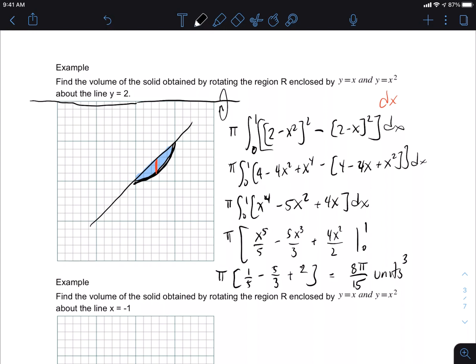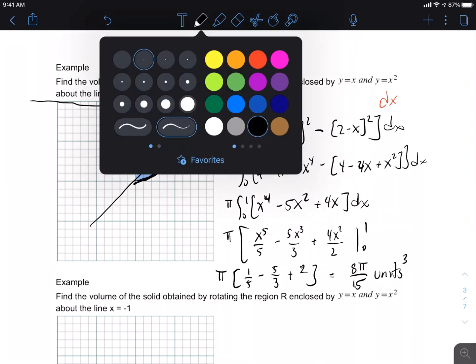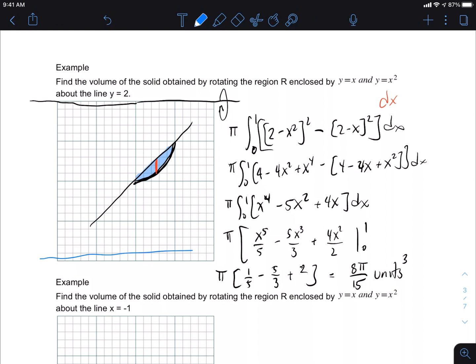Now, question for you, because we should play this game. If I had done the rotation over here and said it was y equals -2, what would the outer radius be? Because it totally changes the problem. Y equals x.